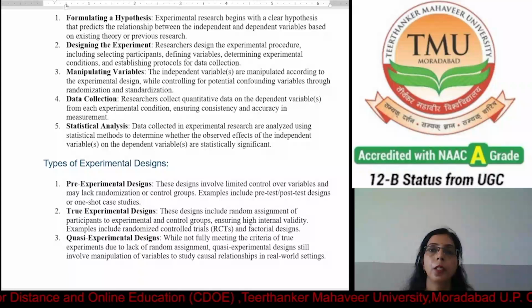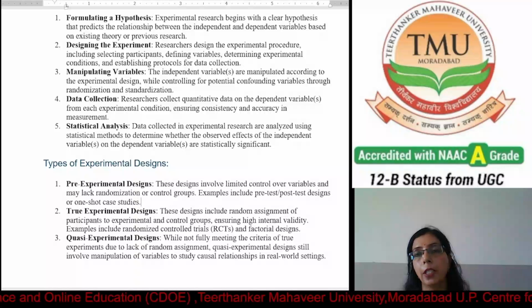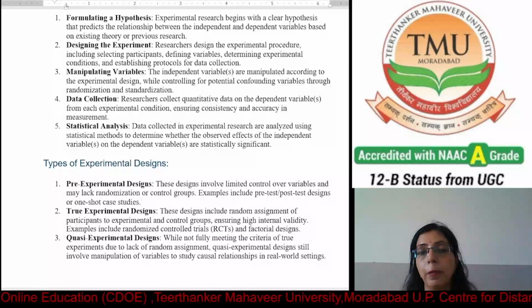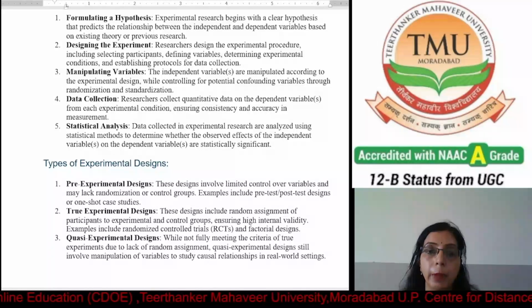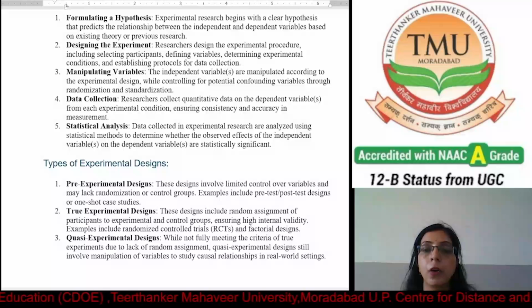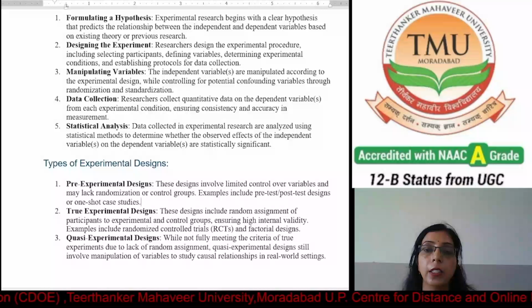Before closing this session, I will recall the points. I will repeat the points. Types of experimental designs. There are three types of experimental designs. Pre-experimental, which involves limited control over variables and may lack randomization or control groups. True experimental designs.